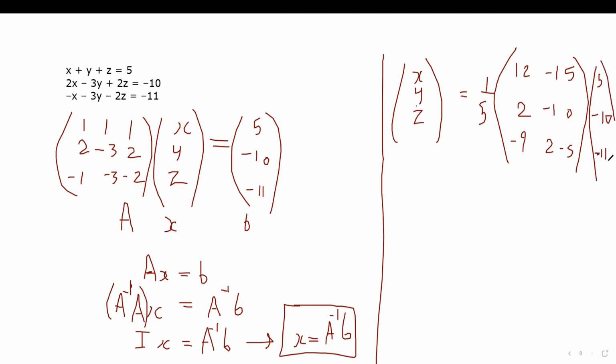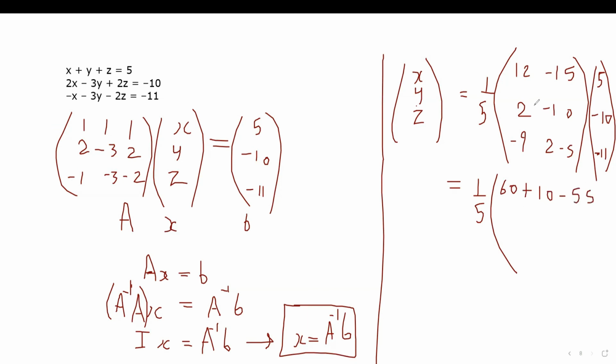Let's see what we get, row by column. This is going to be equal to 1 over 5 times, in brackets, row by column: 12 times 5 is 60, then plus 10, 5 times minus 11 is minus 55.